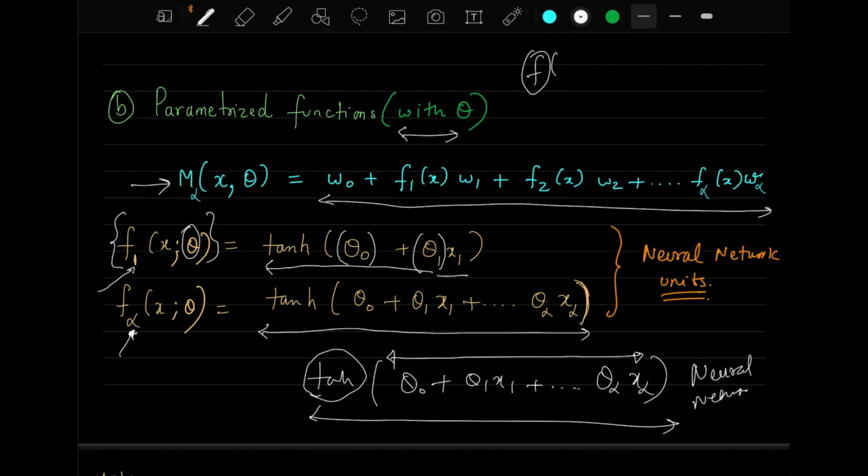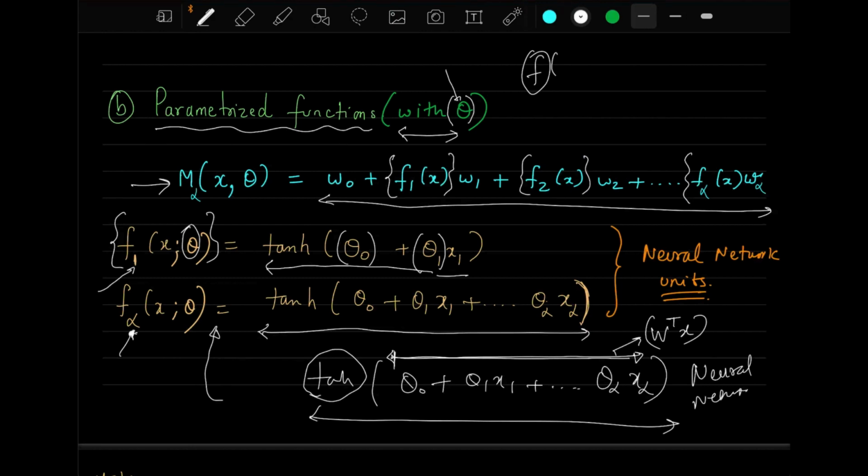You know that this is something like W transpose X, and you are applying a nonlinearity on that. So it is an example of a neural network, which is a parameterized function, and parameterized means they are parameterized with theta. Now you see how neural networks come into play when you replace f1x, f2x by neural networks.